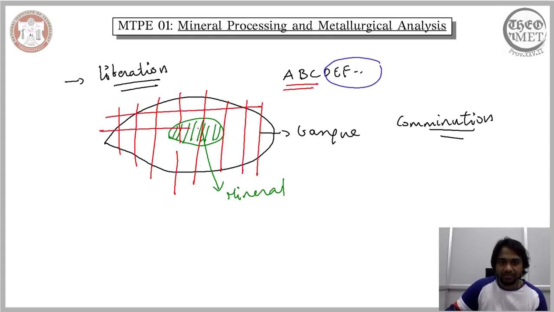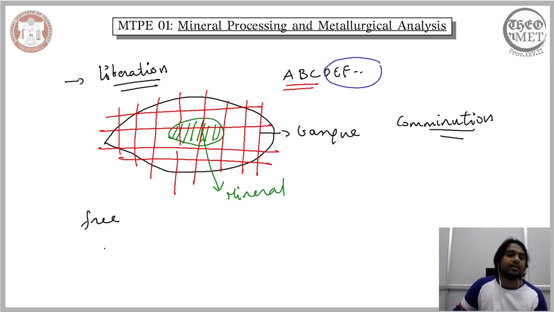If you break this whole particle in the form of this mesh that is being shown here in red, what essentially you would have is two different types of particles. One is referred to as the free particles and the other is referred to as the locked particles.